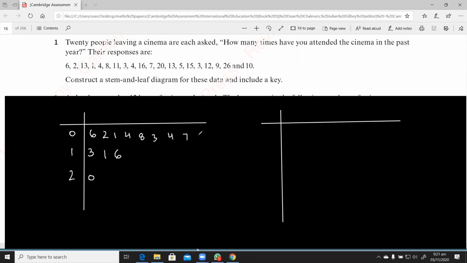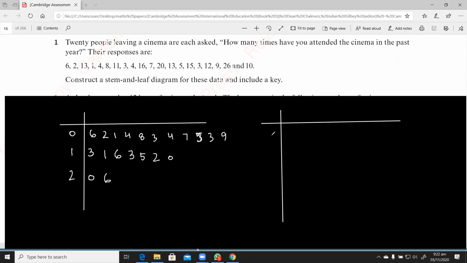Then we have 13, sorry, 13's 3 should be written here. And then we have 5, so this should be 5 here, okay? And then we have 15, so I'll write 5 here. And then we have 3. Then we have 12 and 9, 26 and 10. Now this is the rough draft, okay?